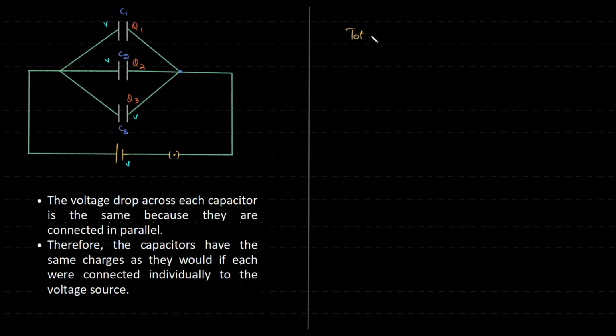Yes, it is to do with charges, the total charge stored in the combination is given by Q is equal to Q1 plus Q2 plus Q3, right?